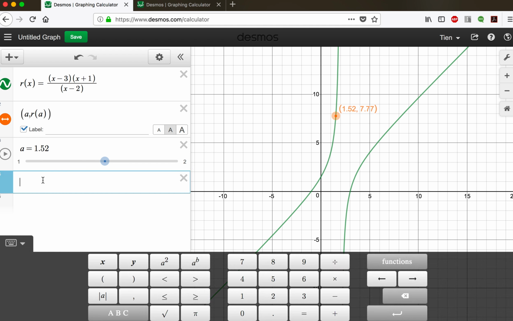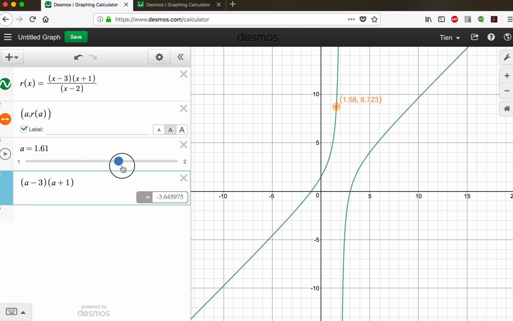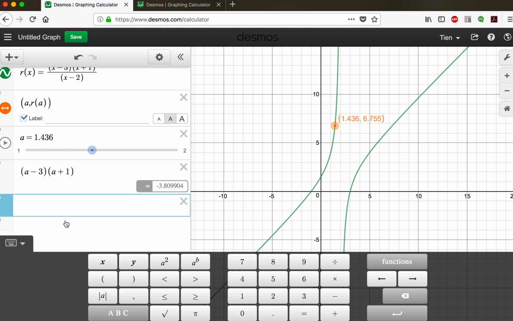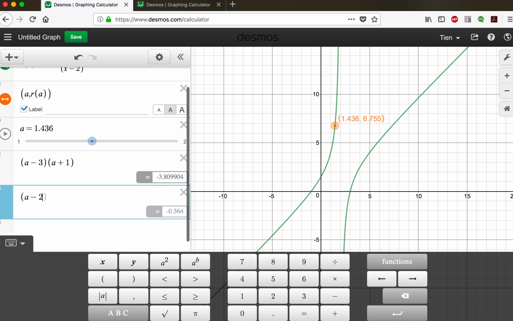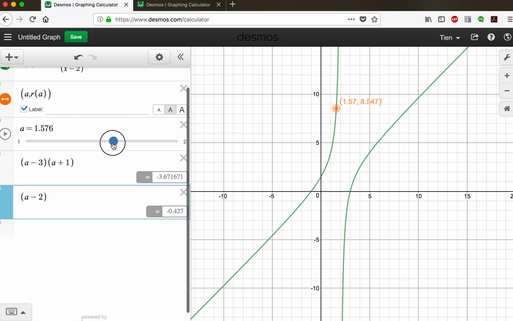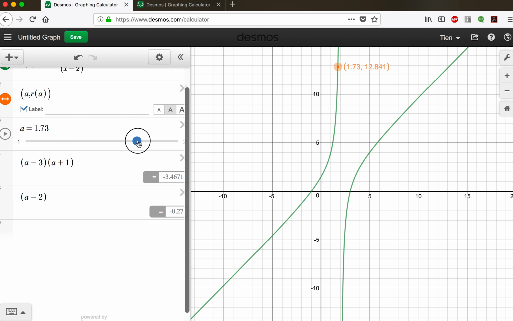But we should make a note here. This thing gets closer and closer to 3. It gets smaller and smaller, right? And my denominators get closer and closer to 0. So I'm taking these numbers that are approaching 3 and dividing by smaller and smaller fractions, the whole thing gets bigger and bigger and bigger, right?